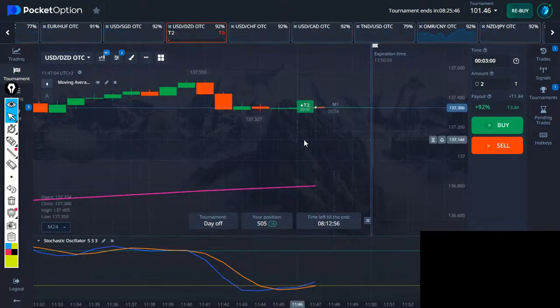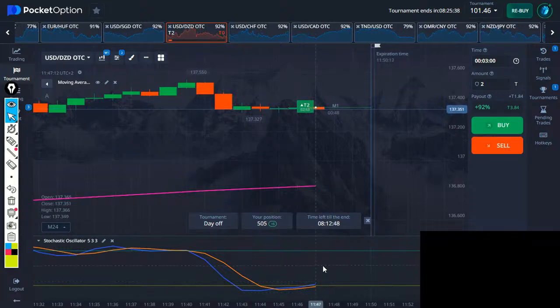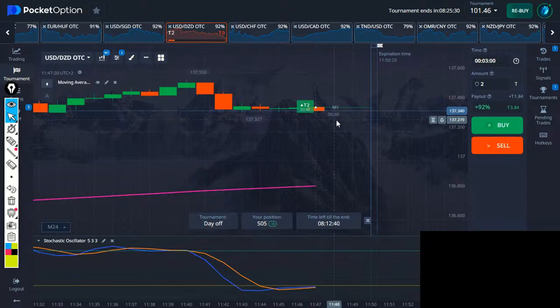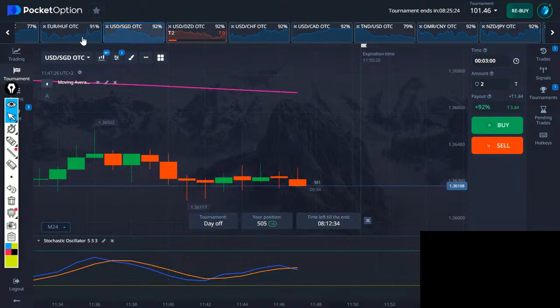Even though I would have preferred a strong green candle, I would also prefer to see the orange line above the 20 line. However, I'll take it for the sake of educating ourselves. So let's see.